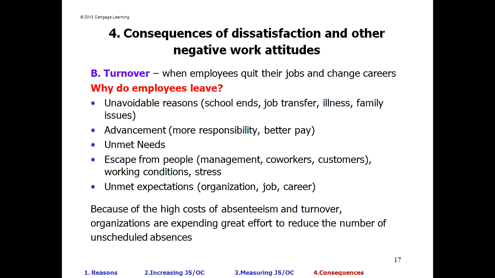Now, because of the high cost of absenteeism and turnover, organizations are spending great effort to reduce the number of unscheduled absences because they want good productivity. As I again remind you, any company or organization wants to have the best of productivity so that they can reach their goals.